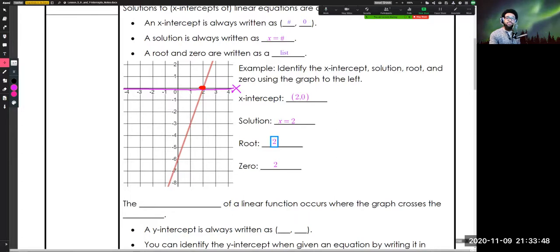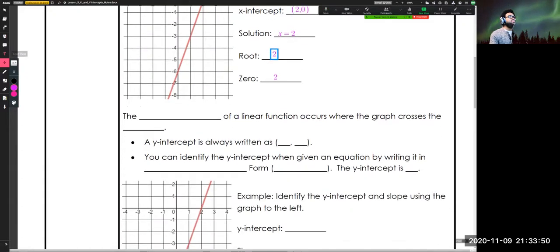So now that we've done x-intercepts, let's look at some y-intercepts. Let me change colors. The y-intercept of a linear function occurs when the graph crosses the y-axis, very much like the x-intercept.